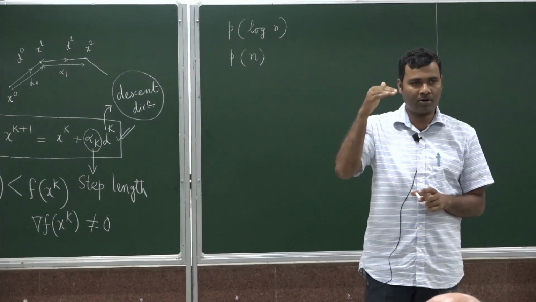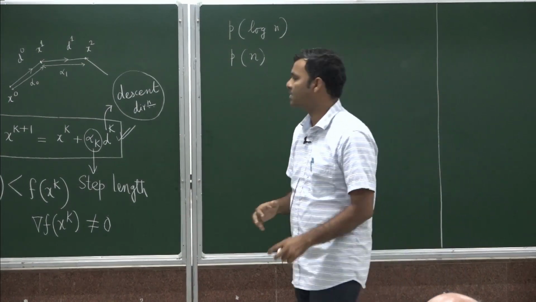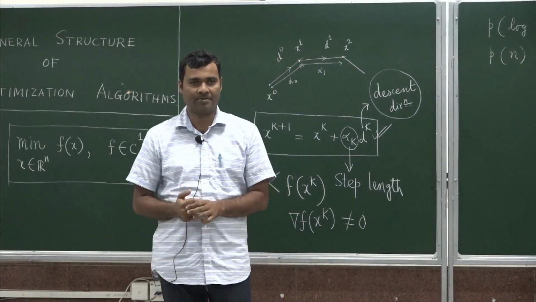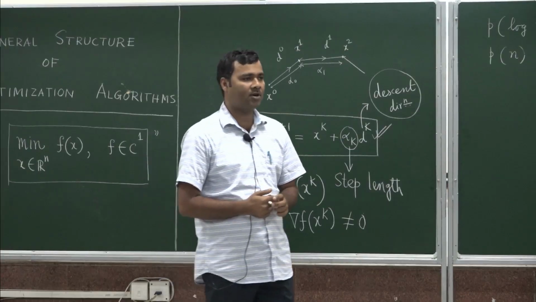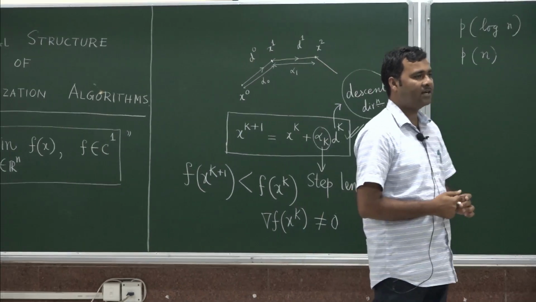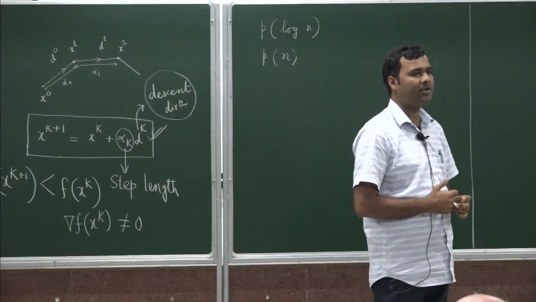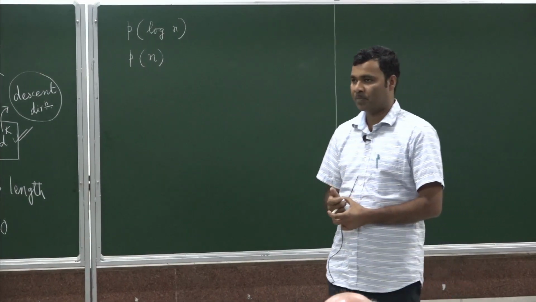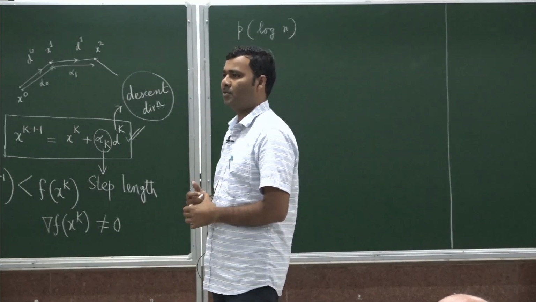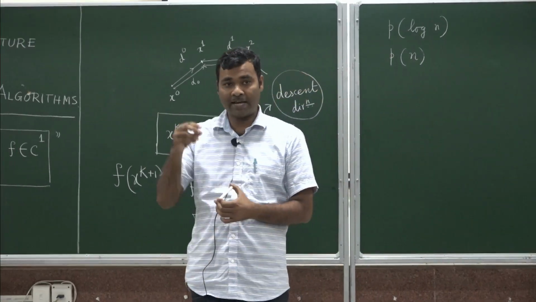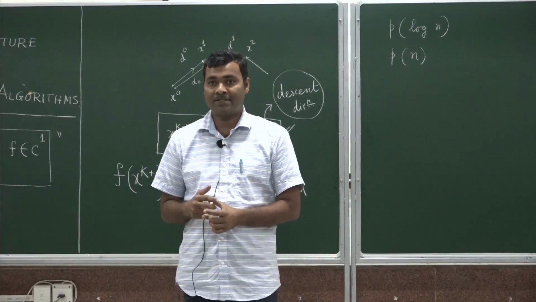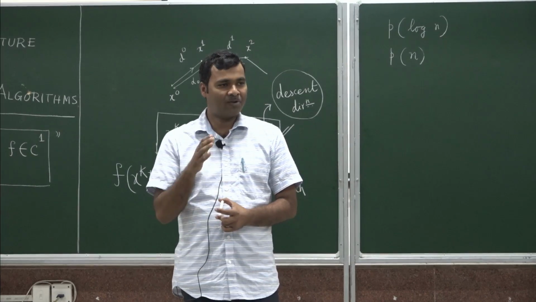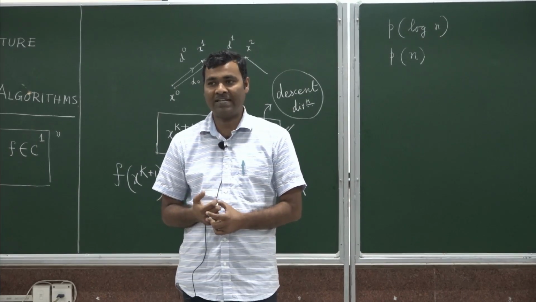There is also, in the mathematical convergence analysis of such algorithms, another terminology called quadratic convergent. By quadratic convergent, we do not mean the order of convergence is equal to 2. Sometimes some books prefer not to say quadratic convergence, they say quadratic termination. By quadratic termination we mean that if the algorithm is employed on a strictly convex quadratic function, then the algorithm converges in not more than n iterations.